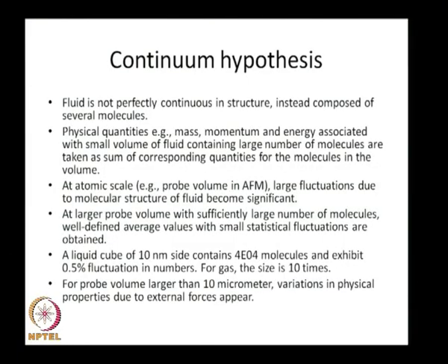So, the measured quantity is affected by molecules coming into that cube and leaving that cube. However, if you increase the length scale, you will find that this variation subsides. The measured quantity becomes constant. The measured quantity is not changing with the volume of the probe.